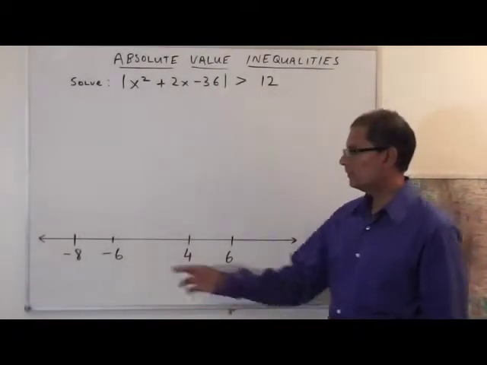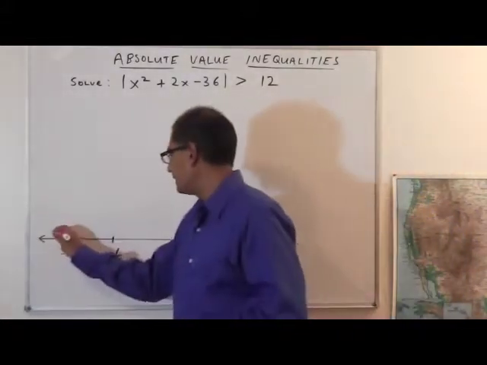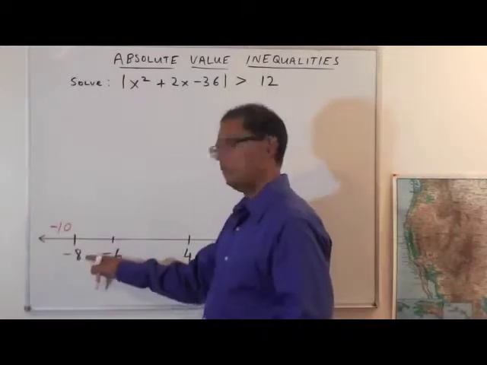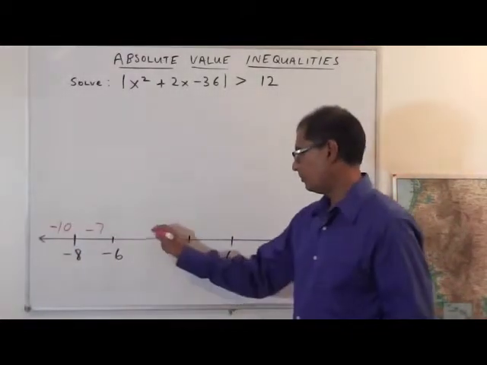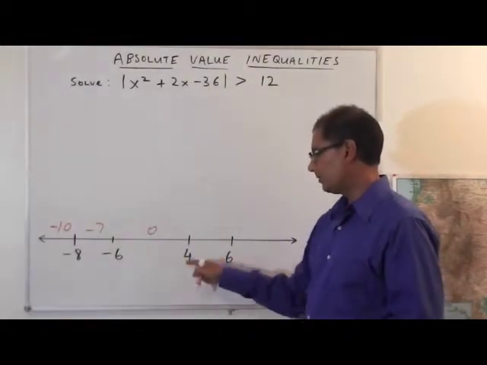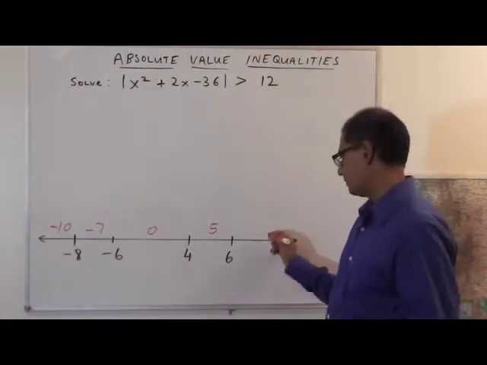So we're going to pick some numbers in between. So for below negative 8, I'm going to pick negative 10. And then between negative 8 and negative 6, let's pick negative 7. Between negative 6 and 4, let's pick 0. That's in between those two, a nice number. Between 4 and 6, we'll pick 5. And above 6, we'll pick like 7.